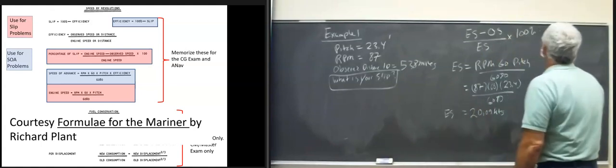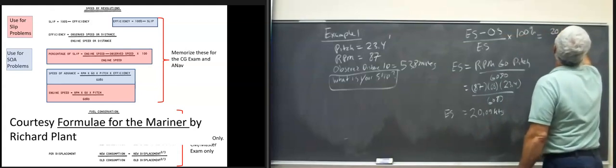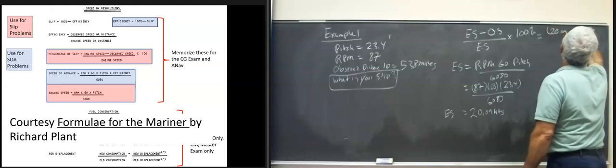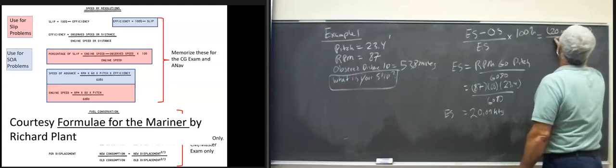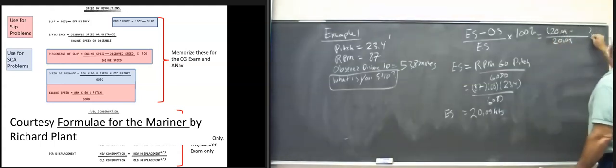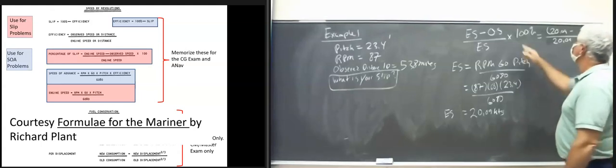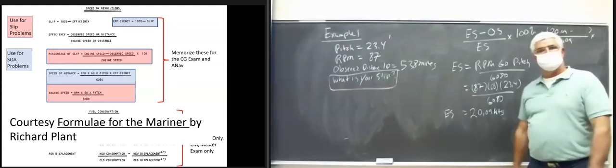So up here, this is 20.09 minus something over 20.09. And I got to do a little multiplying over here too. Now I got to do observed speed. Well, what's my observed speed?